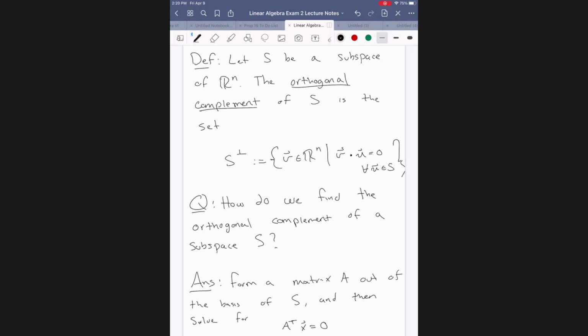Whatever comes out of that, the space of all vectors that satisfy this equation, is the null space. I mean, this thing is the orthogonal complement.